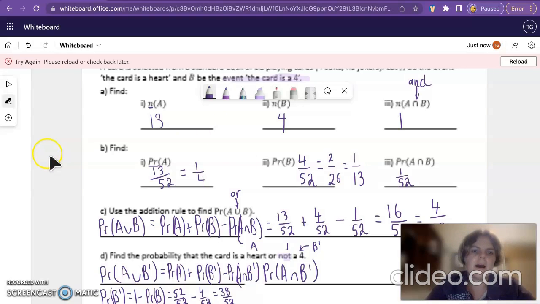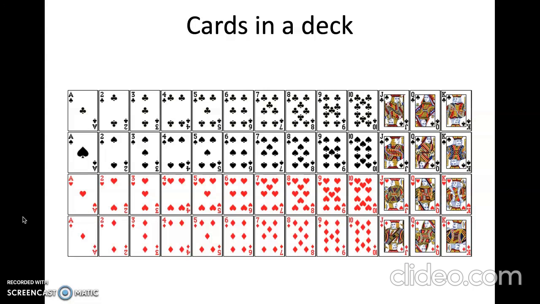So if we go back even to our deck of cards, if we look at all our hearts, there's 1 4. So the number that are not a 4 would be 1, 2, 3, 4, 5, 6, 7, 8, 9, 10, 11, 12.